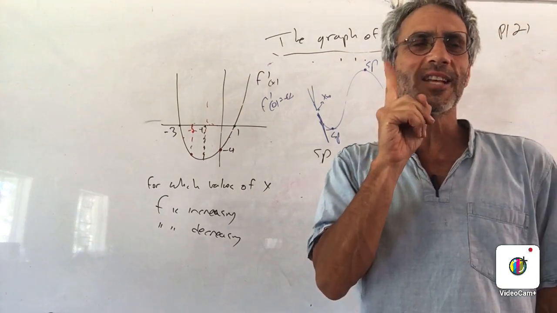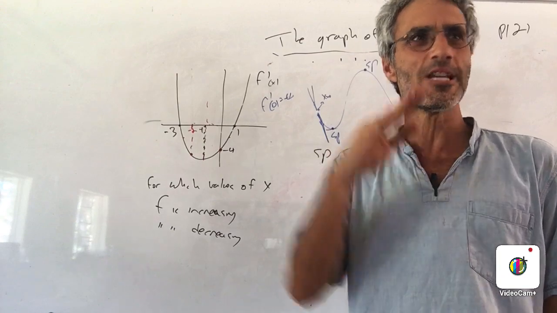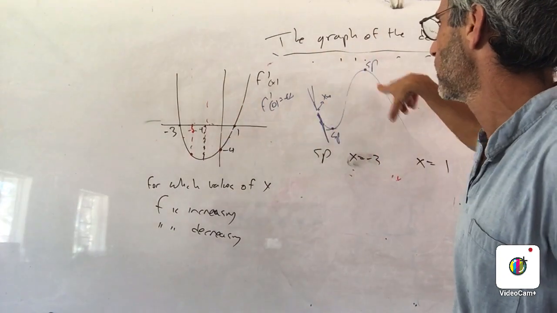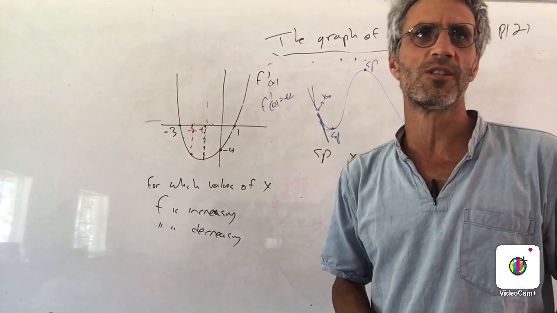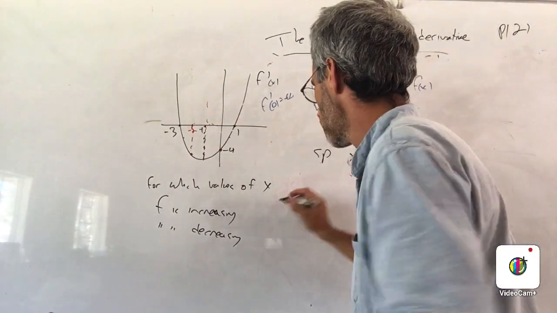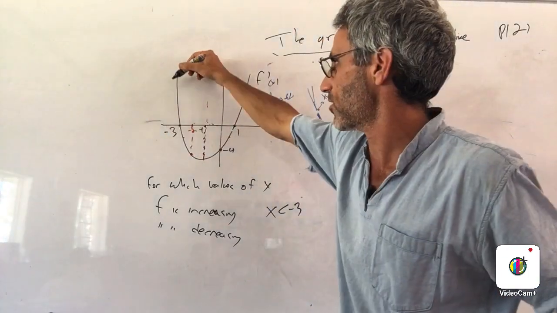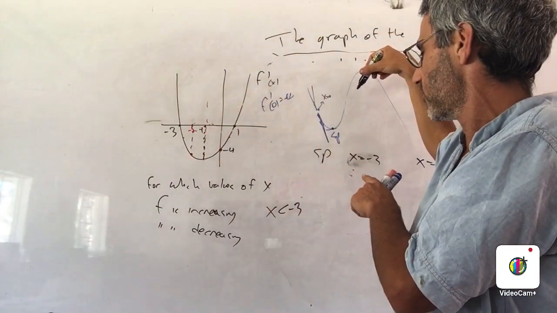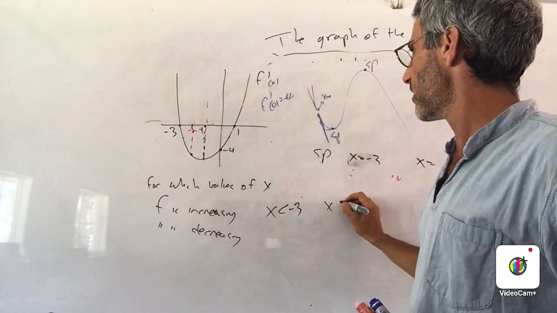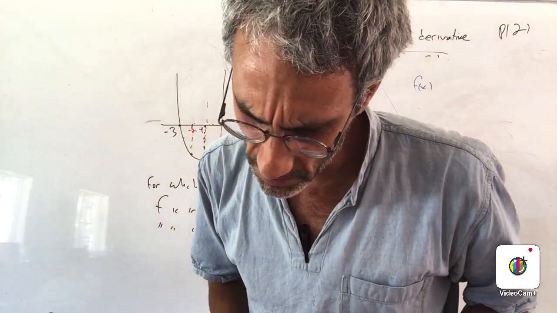What we're going to ask ourselves is, when is the gradient positive? f is increasing when the gradient is positive. Smaller than minus 3 or bigger? Good. So it's going to be x smaller than minus 3. Before minus 3, the gradient is positive. Not the gradient of this graph, but the gradient of this graph. Or larger than 1.